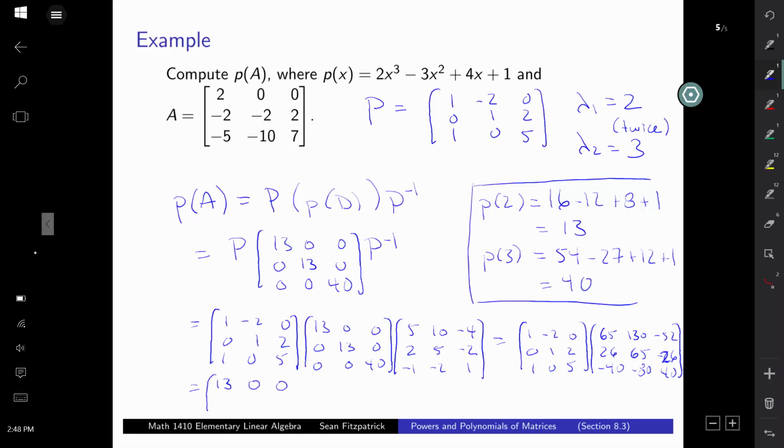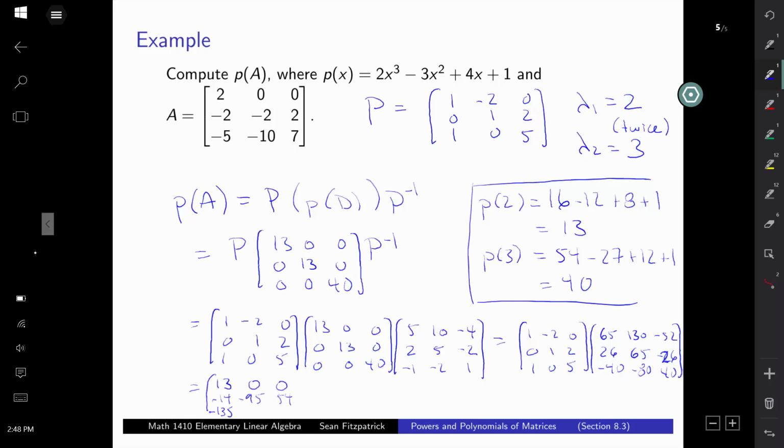Next row. 26 minus 40, that's minus 14. Then 65 minus 160, that's minus 95. And then minus 26 plus 80 is 54. And then we've got to do the last row. 65 minus 200 is minus 135.